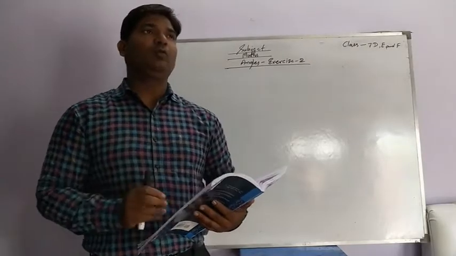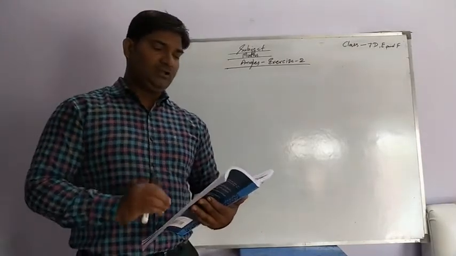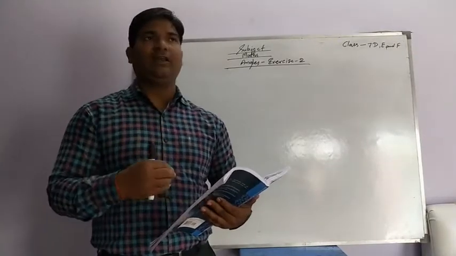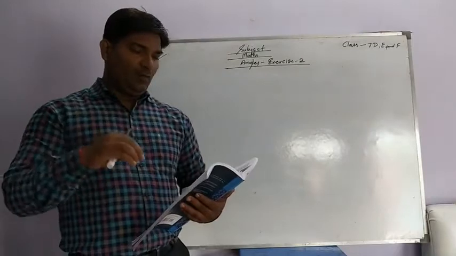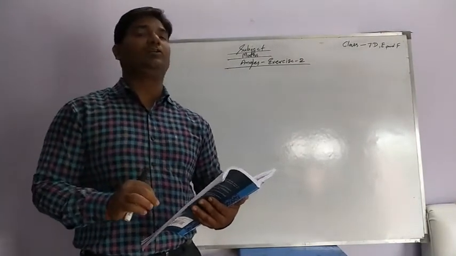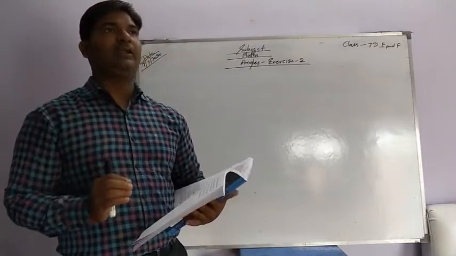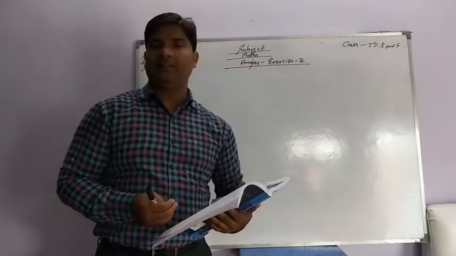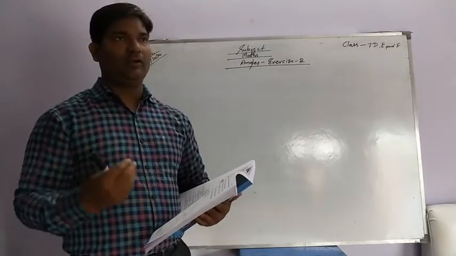So what we do, first we suppose the other angle to be x. Since one angle is 40 less than the other angle, the first angle is equal to x minus 40 degrees. Is it clear? Now it is given that the sum of the adjacent angles is equal to 110 degrees.